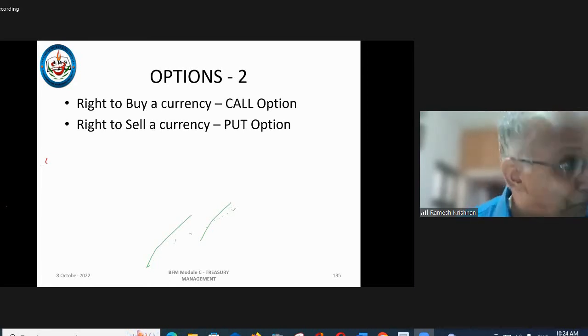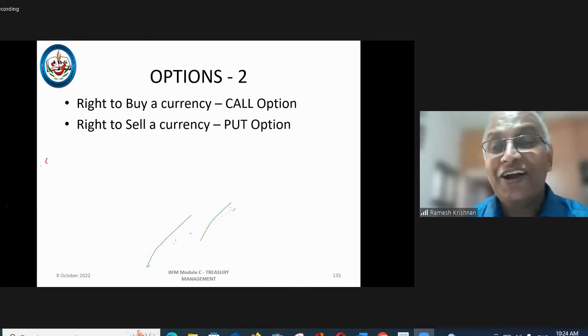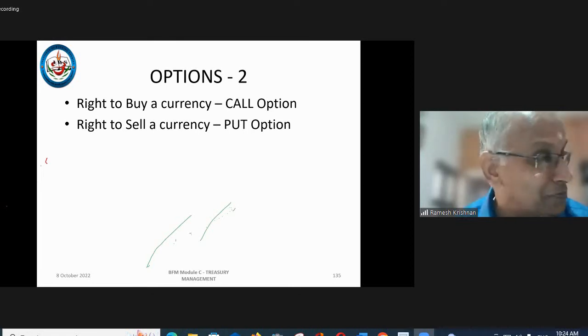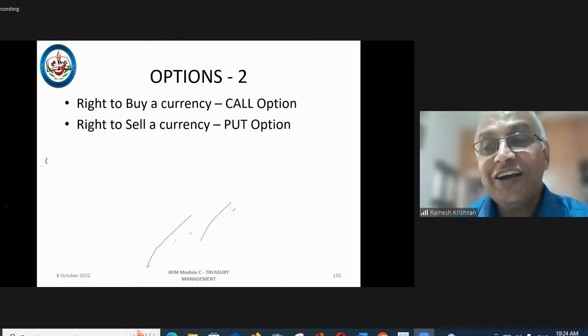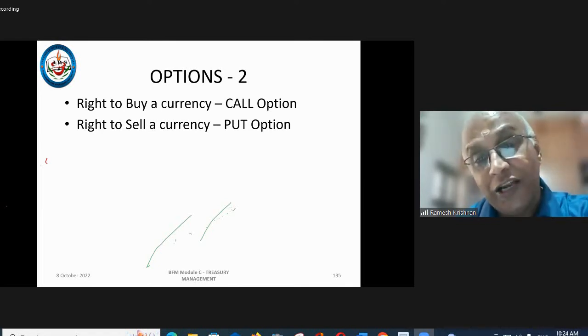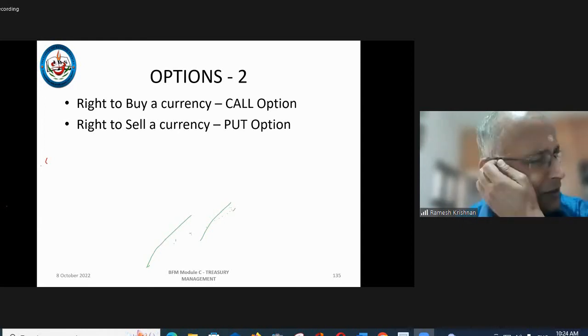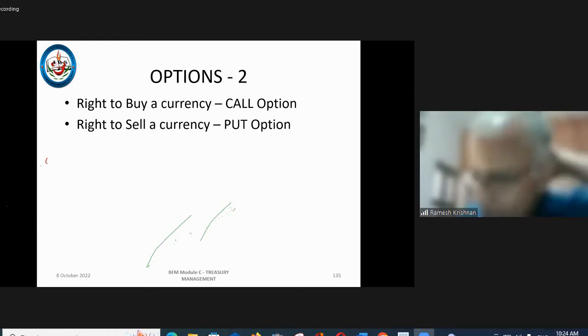And generally importers will need a call option to buy currency because they need currency to retire their import bills. So this is the concept of call option and put option, but it is not for currency alone. It can be for stocks, interest rates, commodity prices, anything, call option and put option.